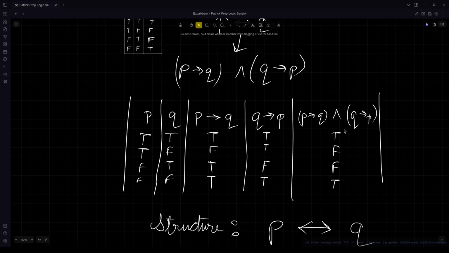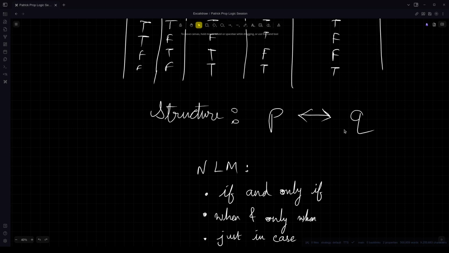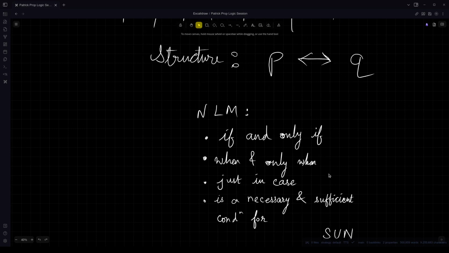So that was a biconditional, and basically the natural language motif is going to be what? If and only if. So how would you use that in a sentence? Let's say you have two propositions, Bob is a goat and Joe is a dog, connected by a biconditional. How would you say that in natural language?